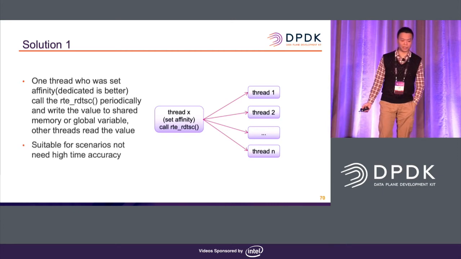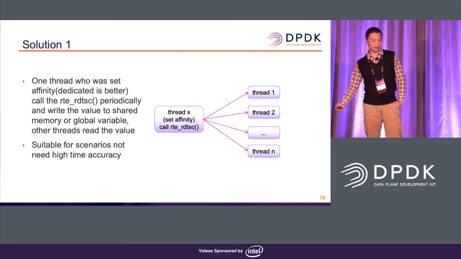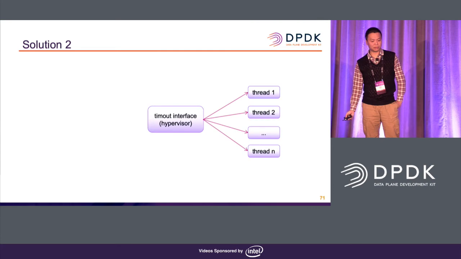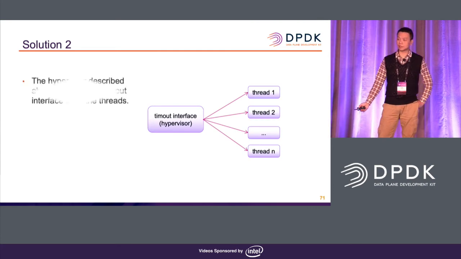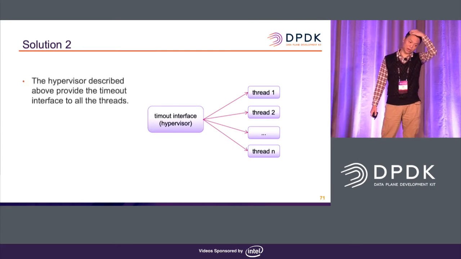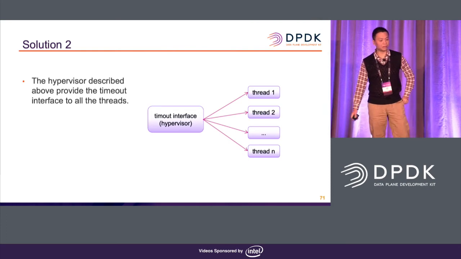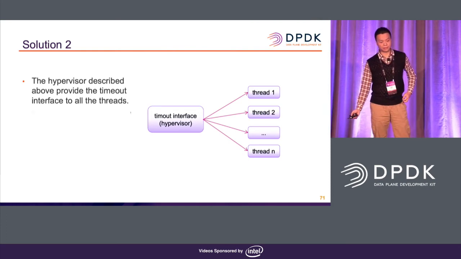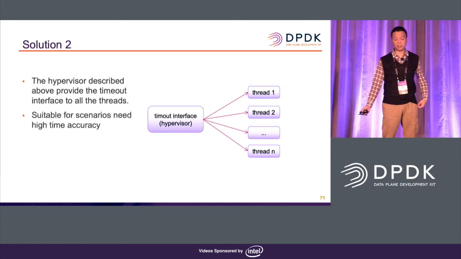This is suitable for scenarios that do not need high time accuracy, because the period is not too frequent. And solution 2: we use the hypervisor I described above to provide the timeout interface to all the threads. This is suitable for scenarios that need high time accuracy.